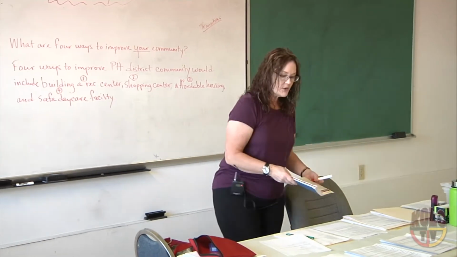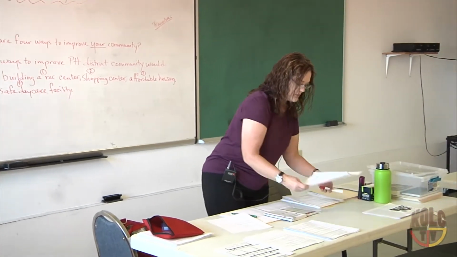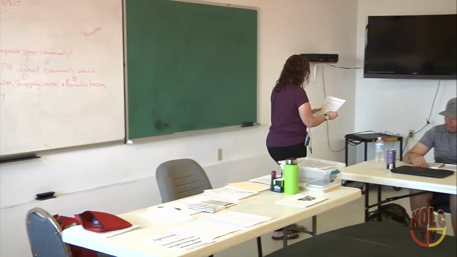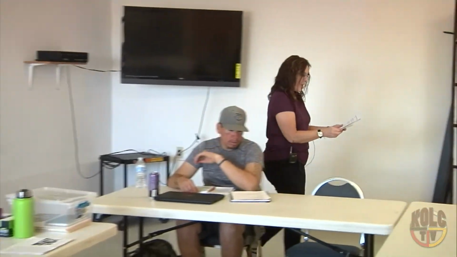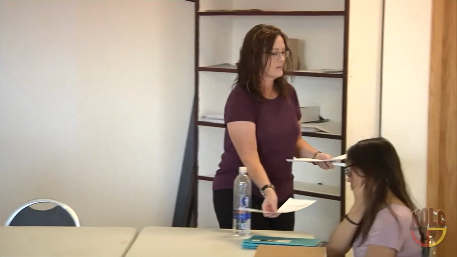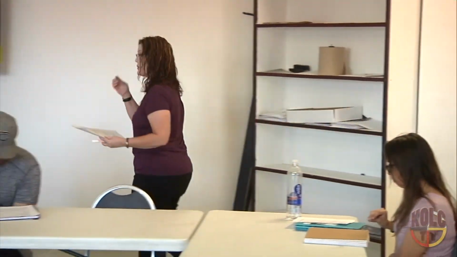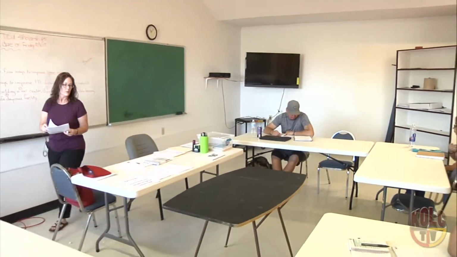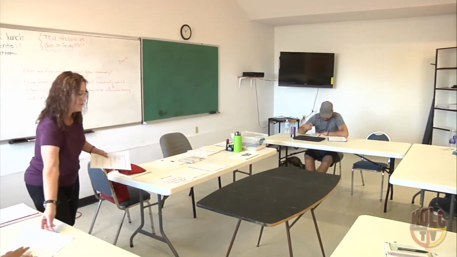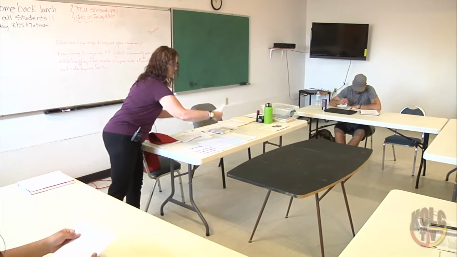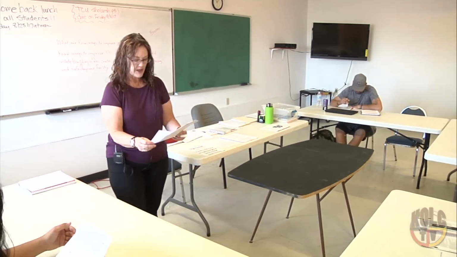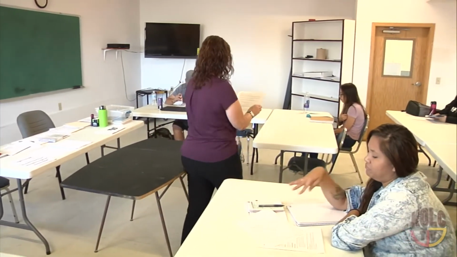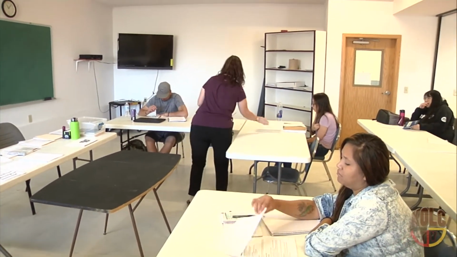Now what I want you guys to do is, I'm going to put you into pairs and you're going to practice creating sentences. And there are 4 kinds of sentences: simple sentences, compound sentences, complex sentences, and compound complex.